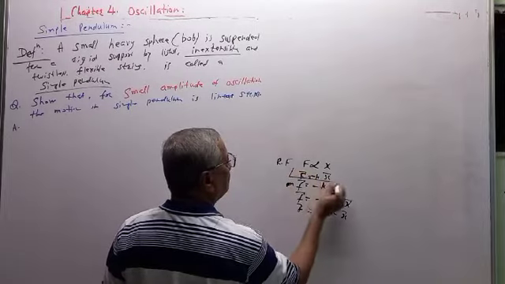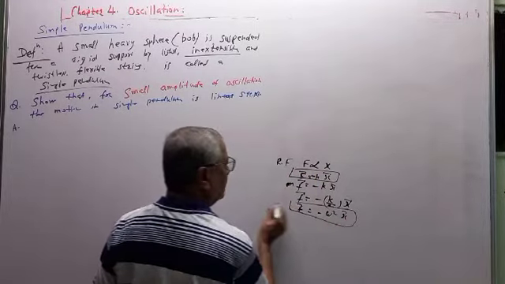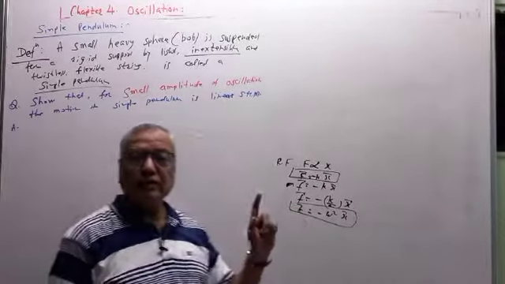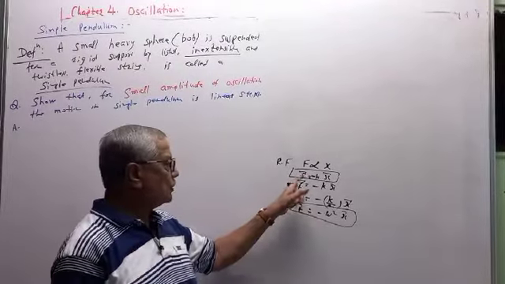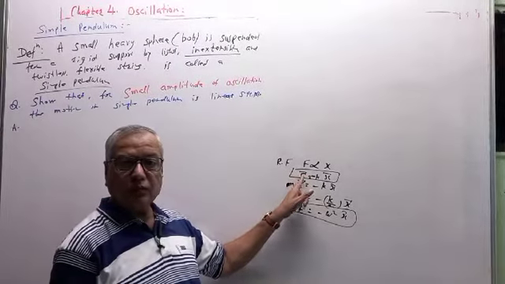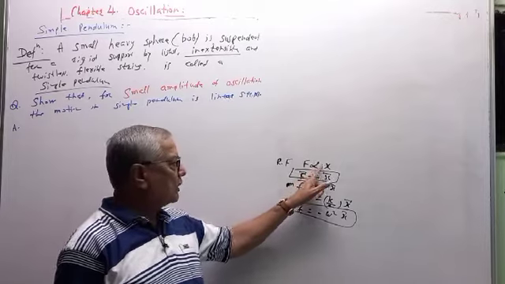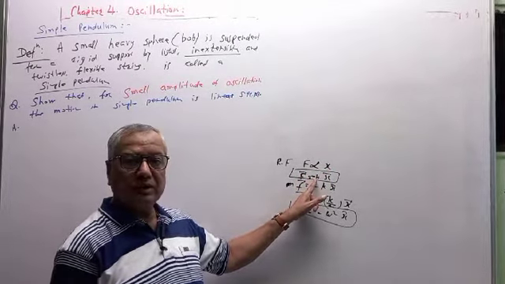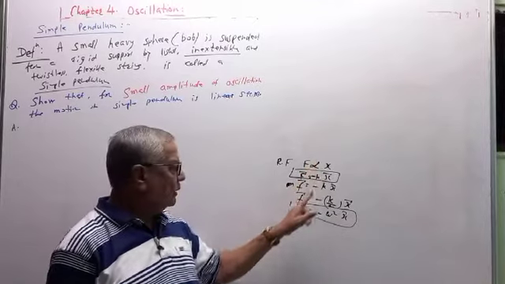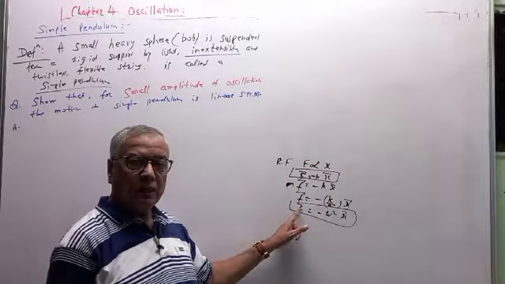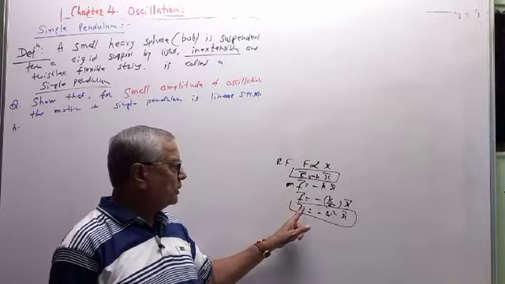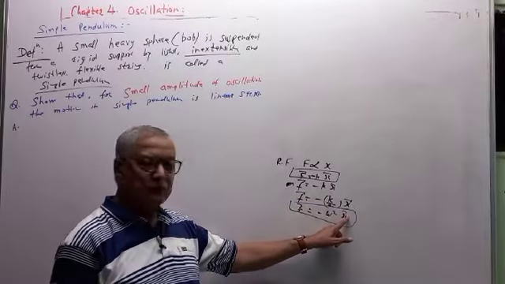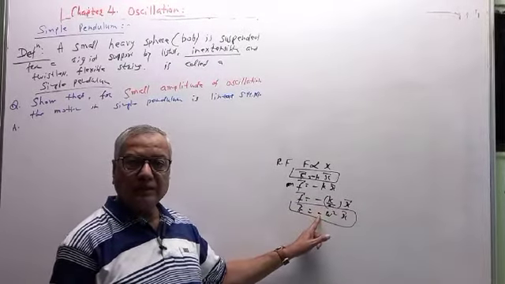So when we have to show that motion is SHM, either we show that there is a restoring force acting on the pendulum whose magnitude is directly proportional to the displacement and direction is opposite to the displacement, or that the acceleration of the bob of the pendulum is directly proportional to the displacement and opposite in direction to that of the displacement.